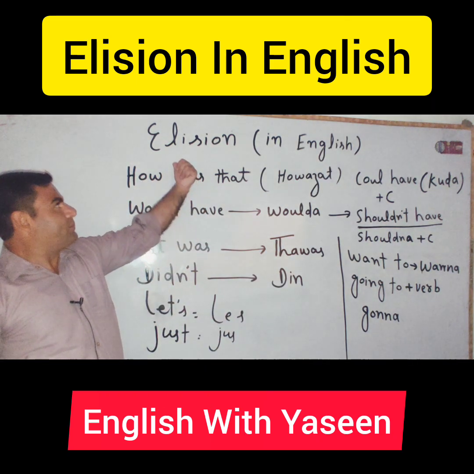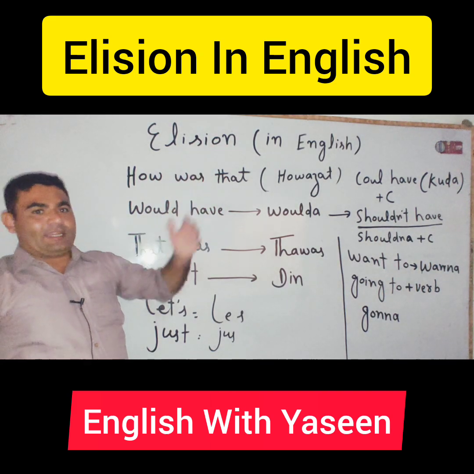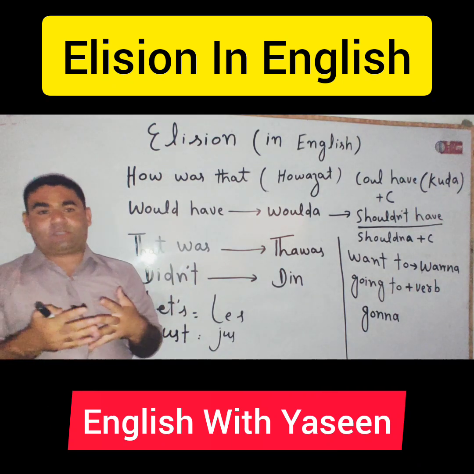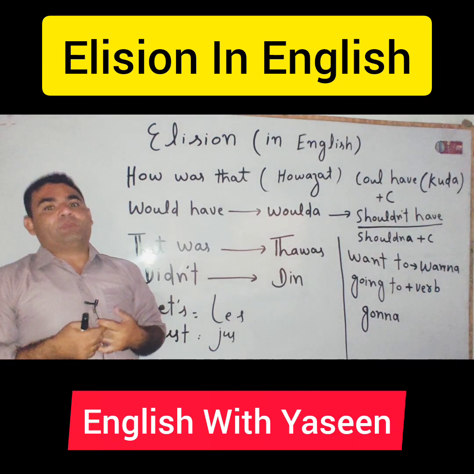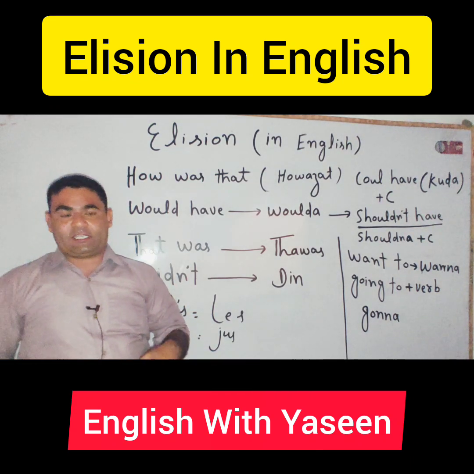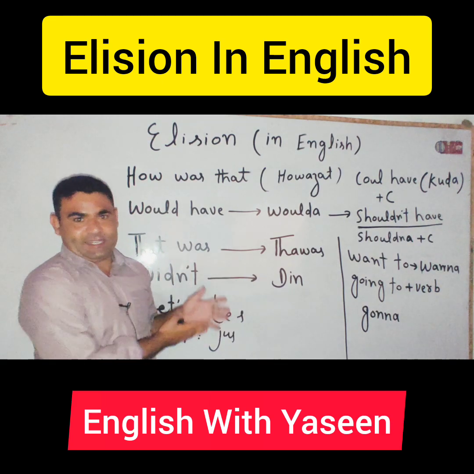Elision will be discussed today, and I hope you will enjoy that. Elision is practiced a lot in English. As I told you, it is practiced in every language, but because English is an international language and you need to learn English, you will have to learn elision. So let's take the class.